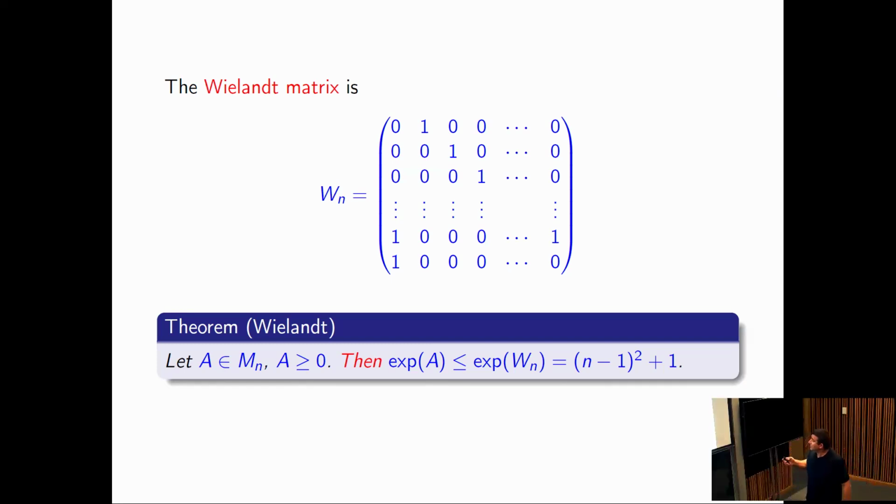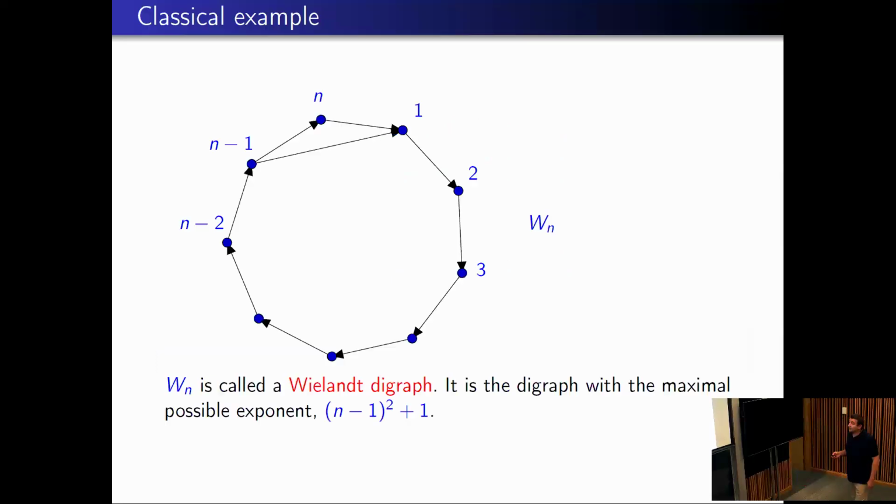Moreover, it is possible to prove that any matrix of extremal behavior will be permutationally equivalent to this Wielandt matrix. But anyhow, the exponent is always majorized by the exponent of the Wielandt matrix.